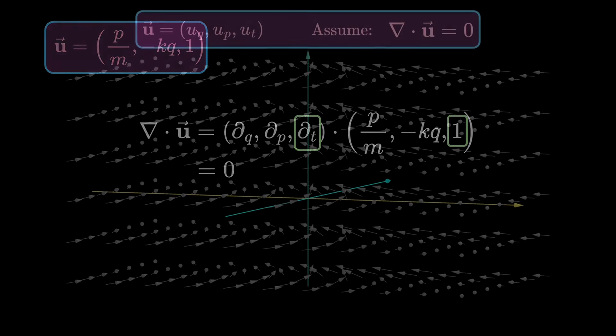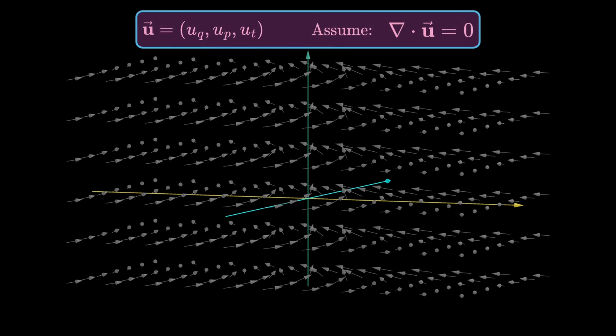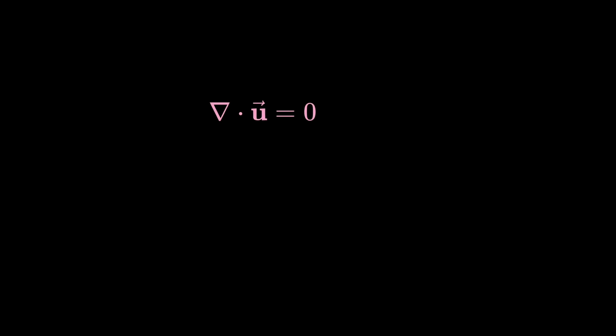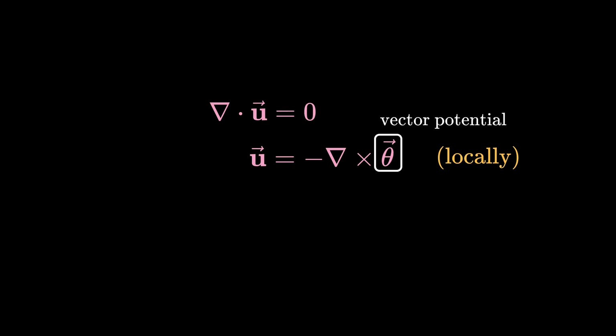In general, we have the vector field u, which tells us everything we need to know about the evolution of the physical system. If you can remember from vector calculus, a divergence-free vector field can be expressed as the curl of another vector field theta, at least locally. This theta is known as the vector potential for u, and the negative sign is just a convention.